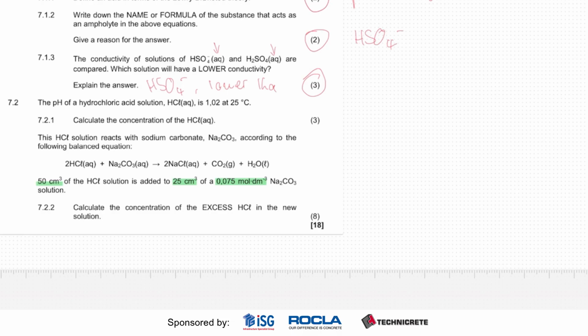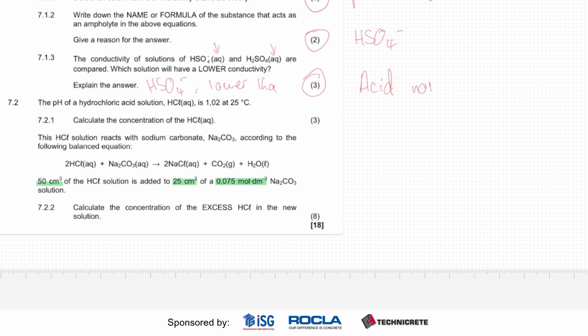assumptions. So I guess here we're supposed to assume that the acid is not in excess. So acid is in perfect stoichiometric amount to sodium carbonate.